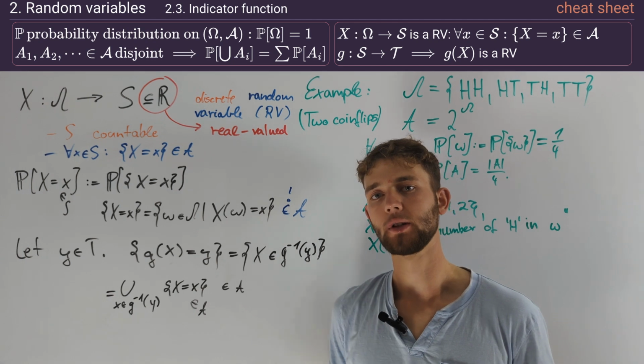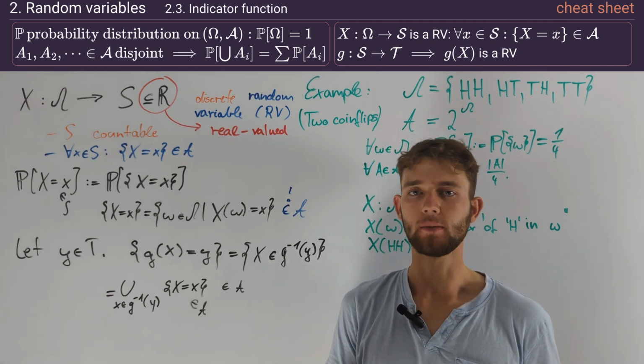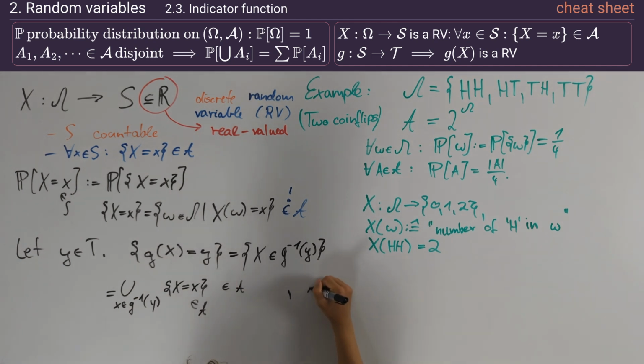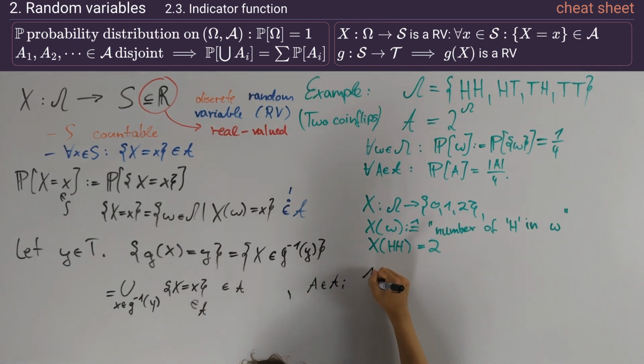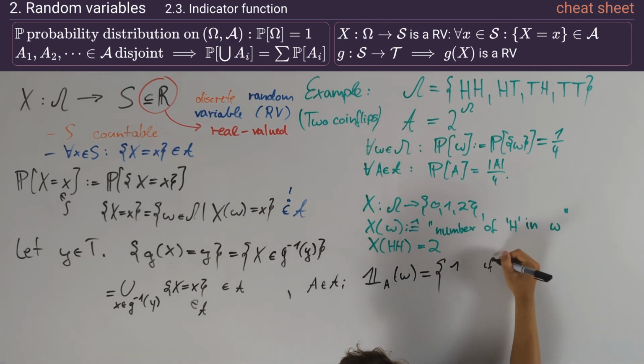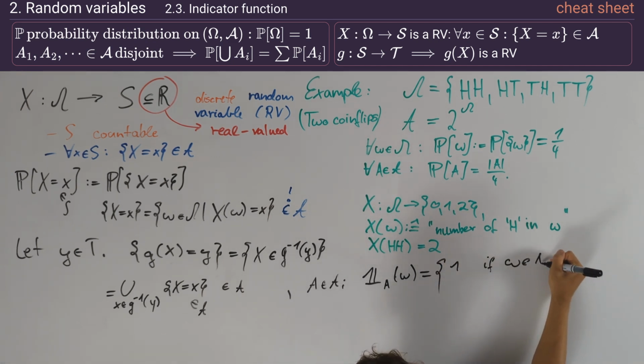Indicator random variables can be viewed as the fundamental building blocks of random variables. Namely, for an event A in A, we define the indicator random variable of A, 1_A, by 1_A of omega equals 1 if omega is in A and 0 otherwise.